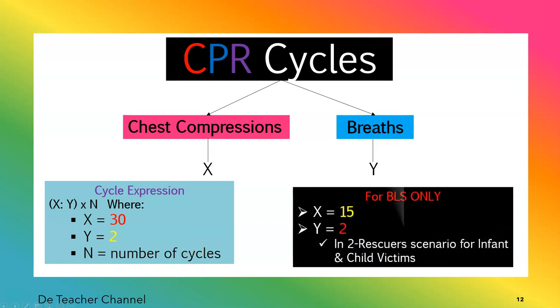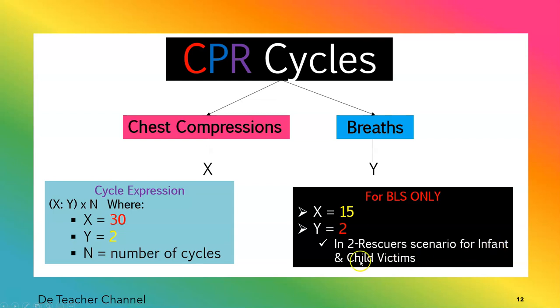For BLS only, X becomes 15, Y is still 2. In what situation? It requires a scenario for babies, infants, and child victims.